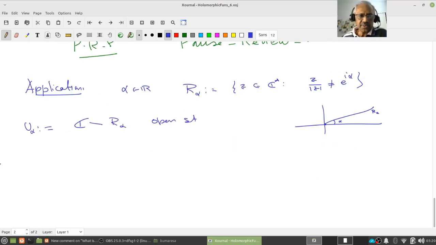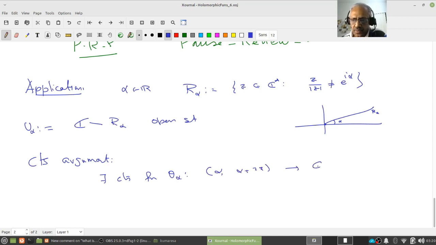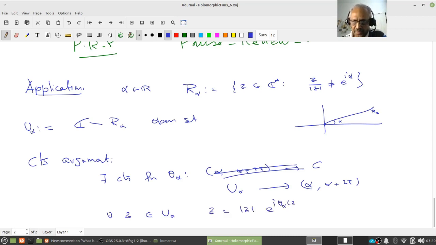So in one of the continuous arguments videos, we proved the following. What did we prove? There exists a continuous function theta alpha from U alpha to alpha to alpha plus 2 pi. It is a continuous real valued function with this property: for each z in U alpha, z is mod z into e power I theta alpha of z.